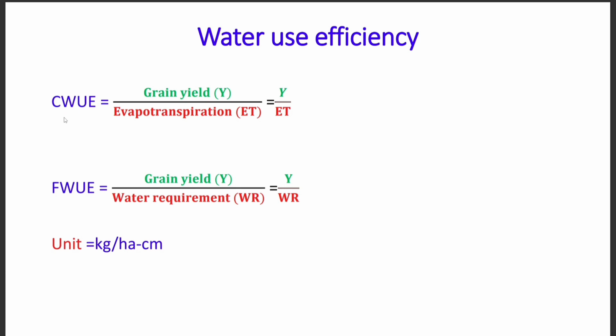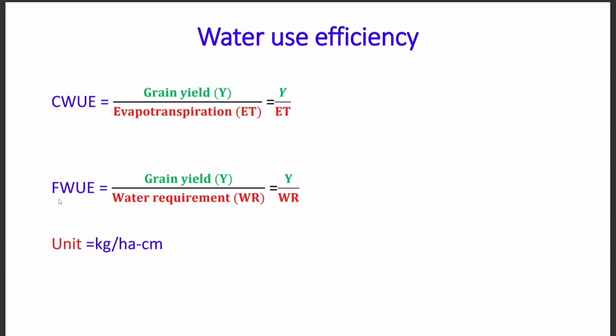After that, we have water use efficiency, which is divided into two parts: crop water use efficiency and farm water use efficiency. Crop water use efficiency is the grain yield of the crop divided by evapotranspiration of the plant, meaning evaporation plus transpiration. Grain yield is calculated in kg, and evapotranspiration on a volume basis.